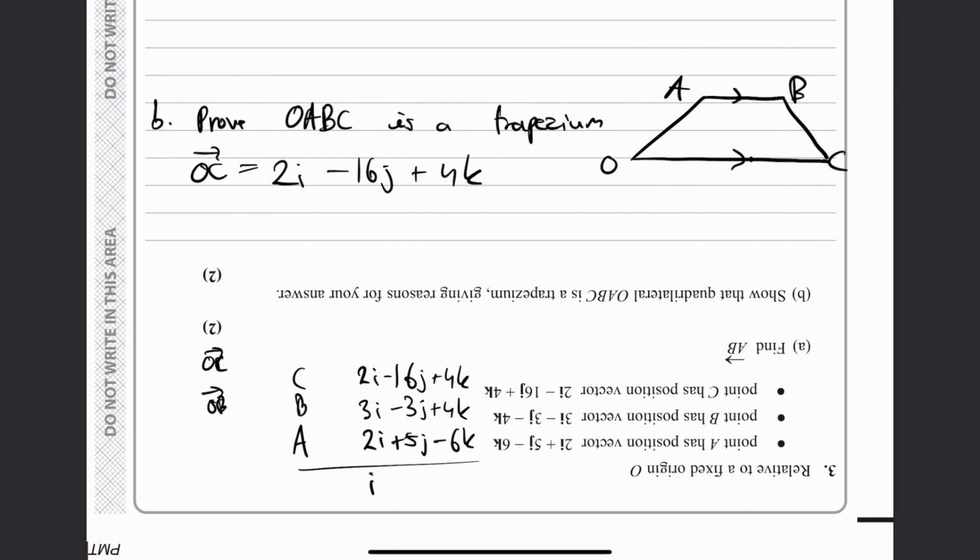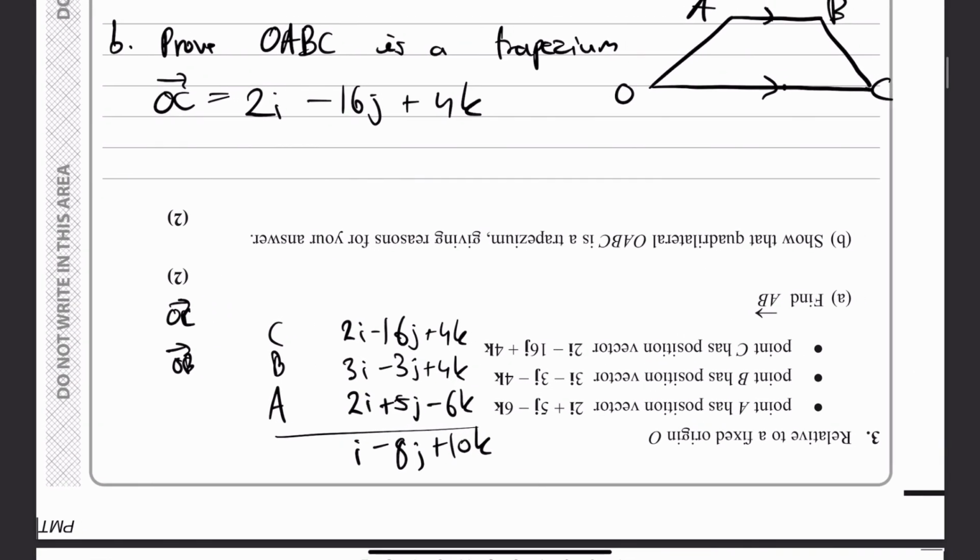So we've got i minus 2j, minus 8j plus 10 still gives us the plus 10. So I'm slightly confused on how we're going to get a 4. Plus 4k minus 16j.